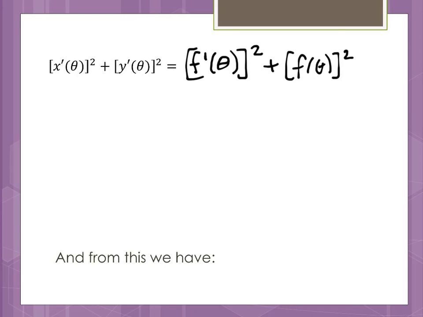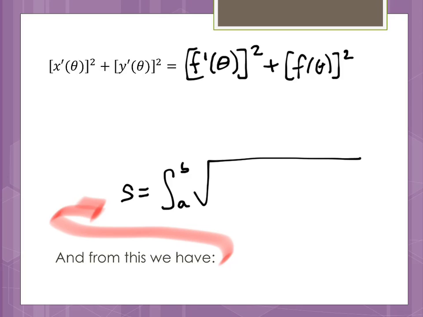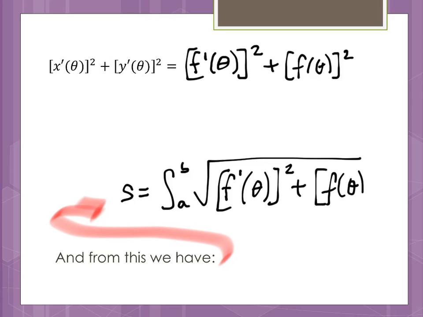So I end up getting s equals the integral from a to b of the square root of f prime of theta squared plus f of theta squared d theta. So that's where the formula is coming from that we are going to be using. It's coming from that parametric system with a substitution and some nice cleaning up of things.